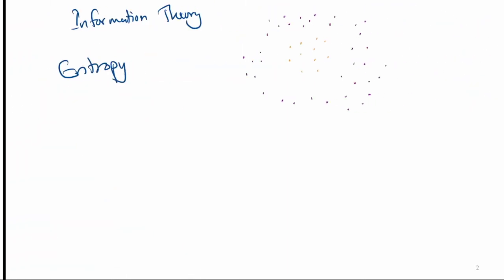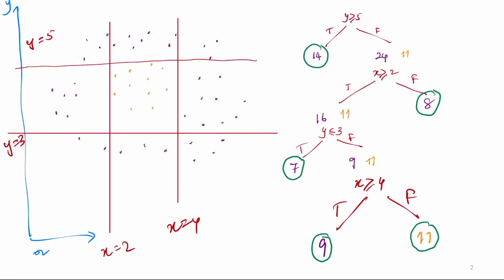So in this case we had, if I remember correctly, 11 oranges and 14 plus 24, 38 purples, right? So how do we calculate entropy? It is the sum of probabilities for each class.